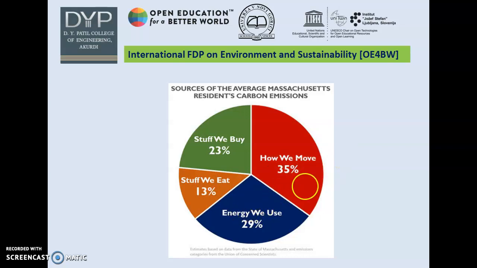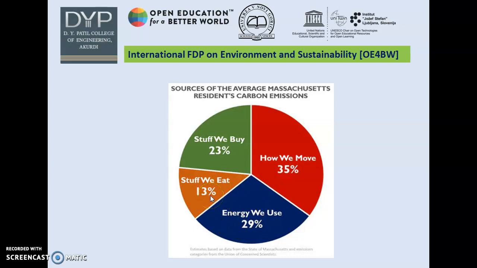Energy we use: which type of energy we are using, whether it is produced from the burning of fossil fuels, or from wind, solar, hydroelectricity, or biomass. Based on this, 29% of emissions depend.